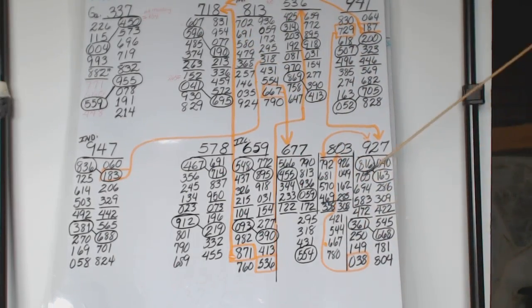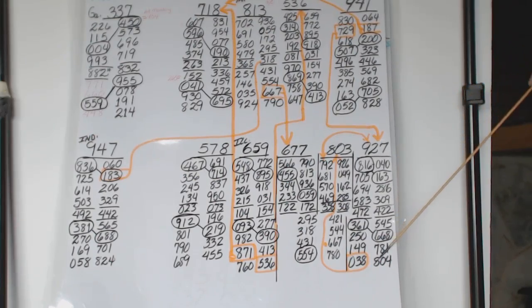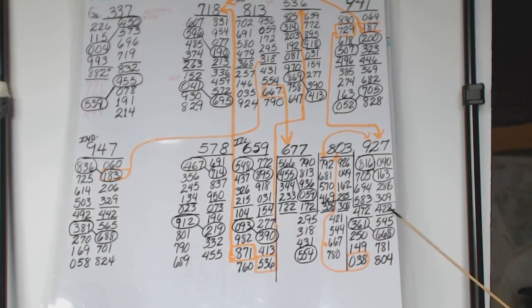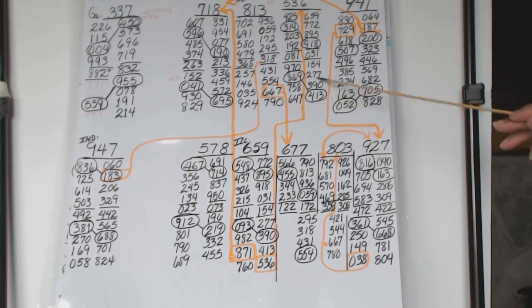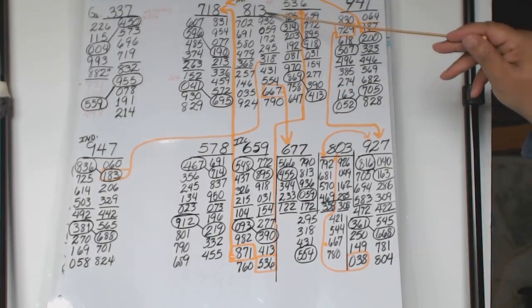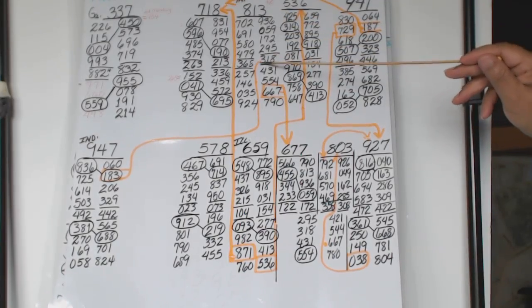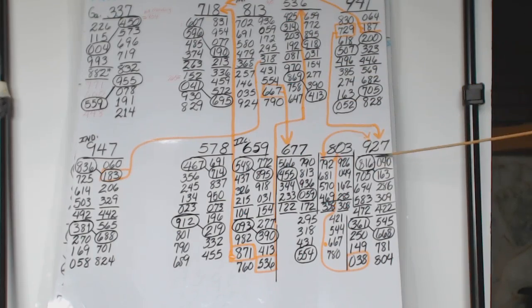Now your crossover numbers, I'm going to try to see if this particular workout have anything. Yes, 668, 316, 163, 816. These crossover, here it is right there, 813. This is the 813 number, 368, 318.